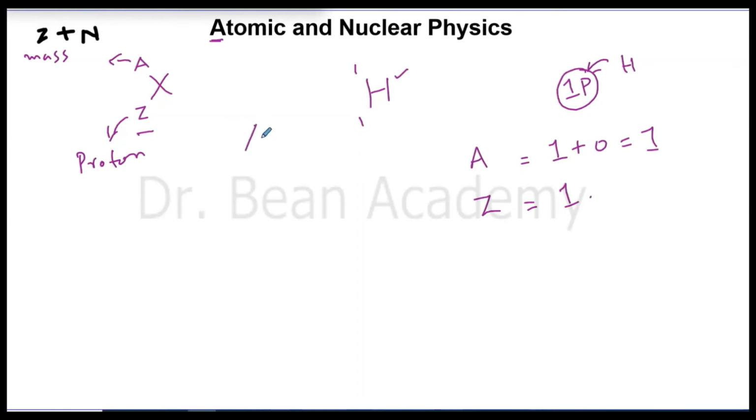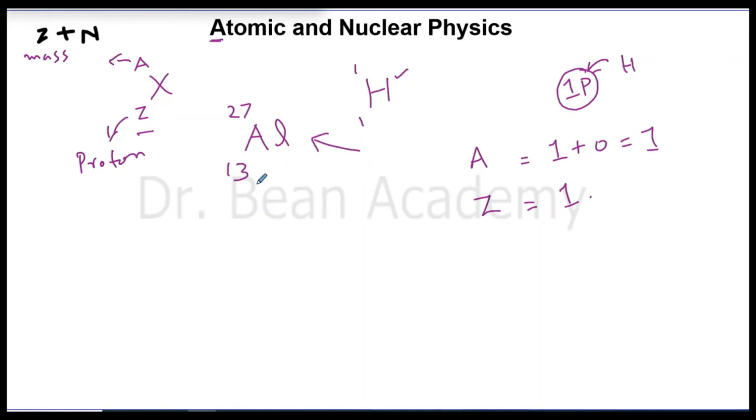for example, aluminum, it is also an element in the periodic table. So according to this definition, I will write 27, 13. Now tell me, what are the number of protons and neutrons in the nucleus of aluminum? Can you tell me?